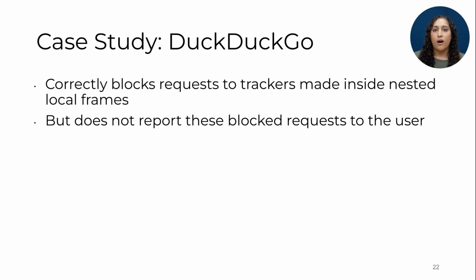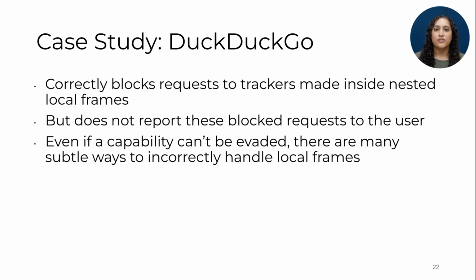So even though they would block these requests to trackers inside a nested local frame, they wouldn't actually report that back to the user. And so the user may not know about the privacy-harming behaviors of the websites they visit. So this just goes to show that even if a capability can't be evaded, there are still so many subtle ways to incorrectly handle these types of frames. I'll again note that all 4 of these case studies have been patched due to our work.